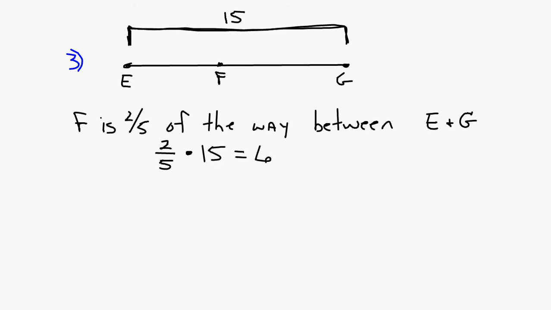So E to F is 6. The question is to find the value of F to G. You're looking for the length of this segment right here. So what's F to G going to be equal to? 9. And how'd you find that? Subtracting 15 minus 6 equals 9. There's your answer.